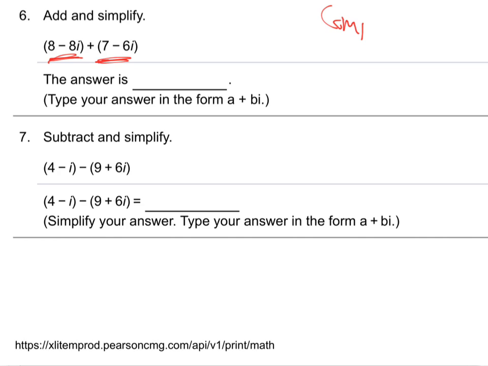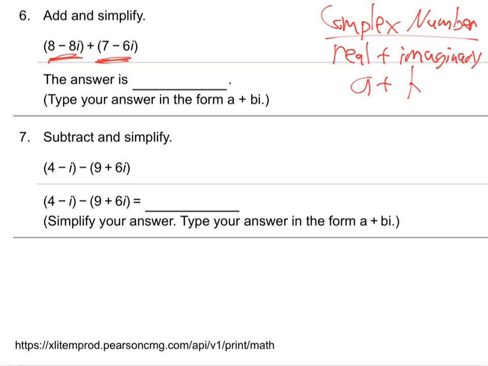So a complex number has a real part plus an imaginary part. We say a plus bi. See how they say it right there? Write your answer in the form a plus bi. That means real part and imaginary part, right? The part that has an i next to it.